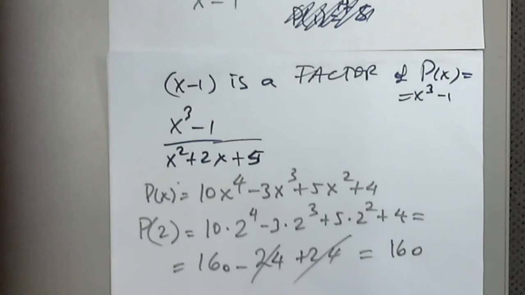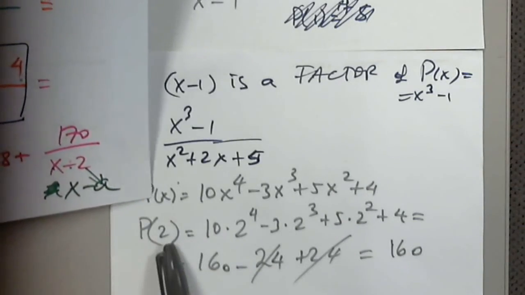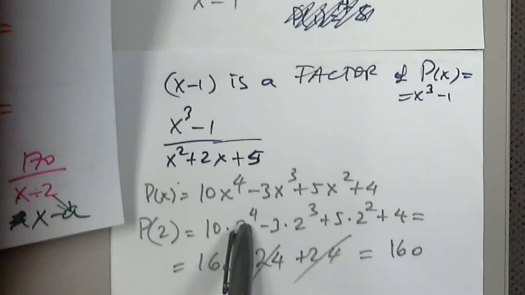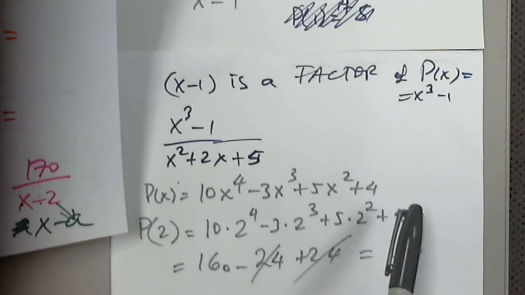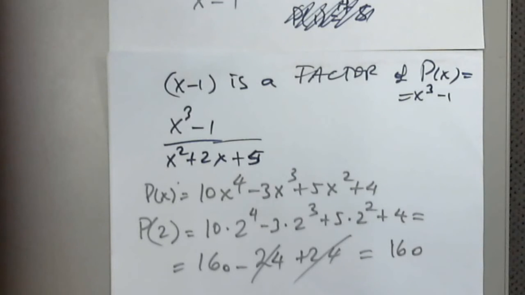I probably didn't copy the problem correctly. So 10x to the 4th minus 3x cubed. Okay. It has to be the same number. Okay.